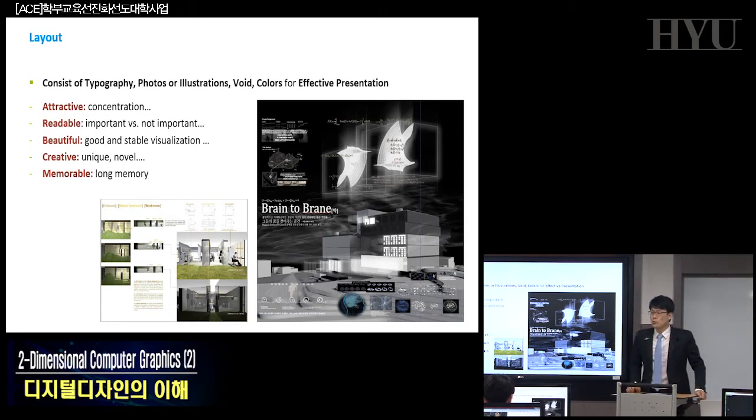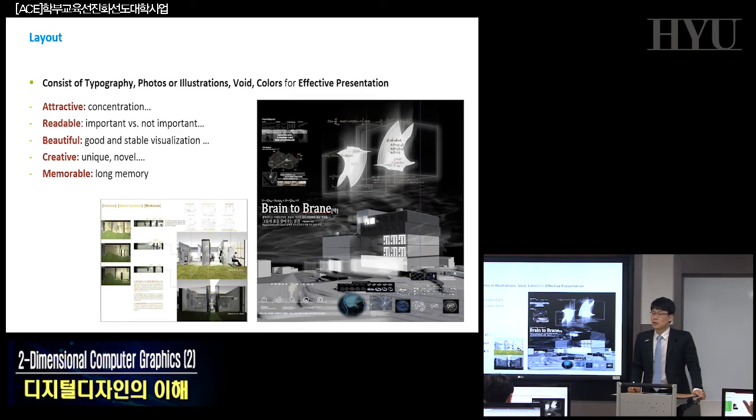When you show your design idea, if no one can get into your design idea or your visualization, nobody pays attention to your design presentation, that's not good, of course. So it's supposed to be attractive, readable, beautiful, creative, and memorable. Those are fundamental aspects we need to generate in your design presentation in terms of layouting issues, okay?